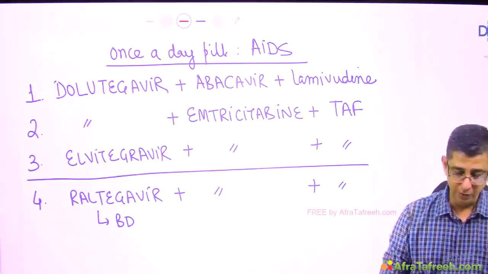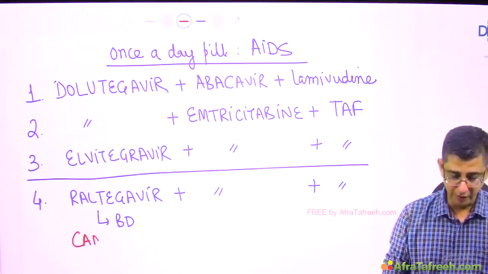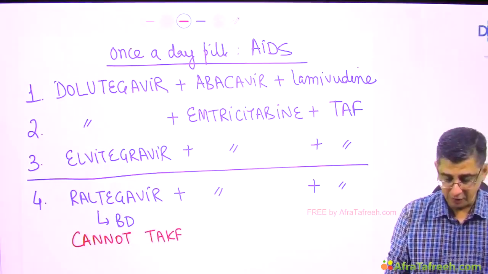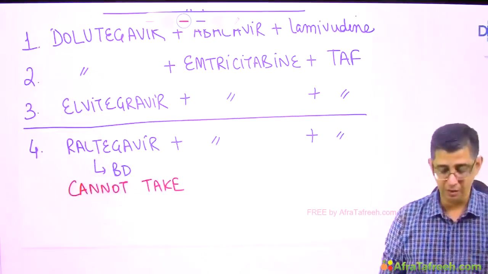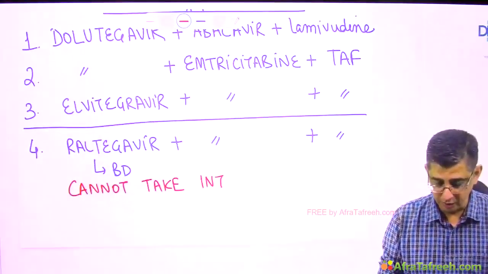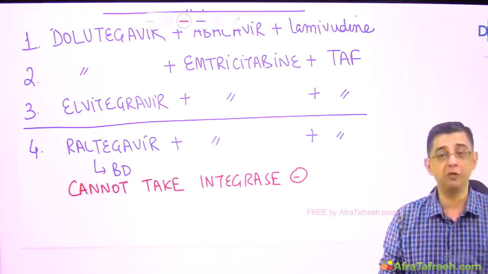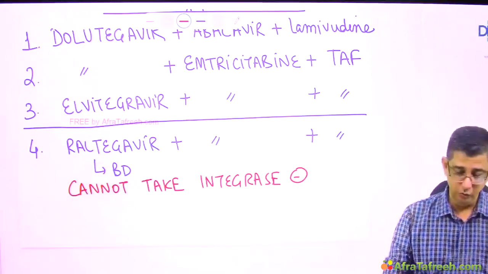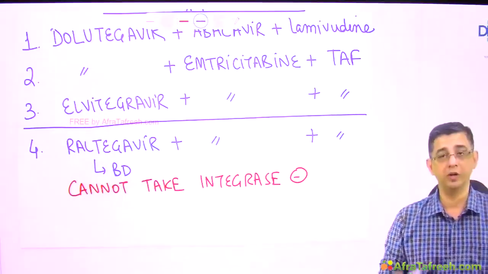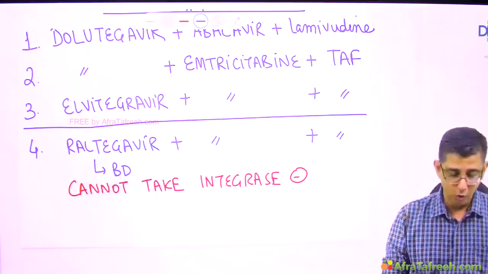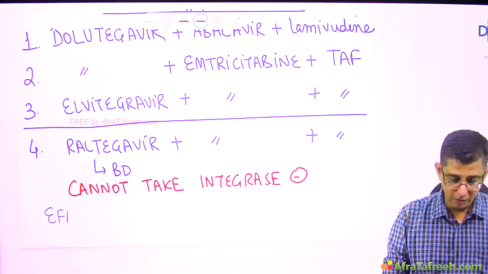Now suppose a patient is not able to tolerate integrase inhibitors. Though that is relatively less common, just in case a person is intolerant to integrase inhibitors, then we also need to have a backup available. So what is the once a day protocol available for those who are not able to take these molecules?